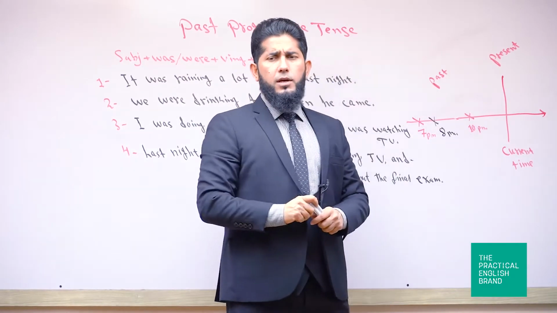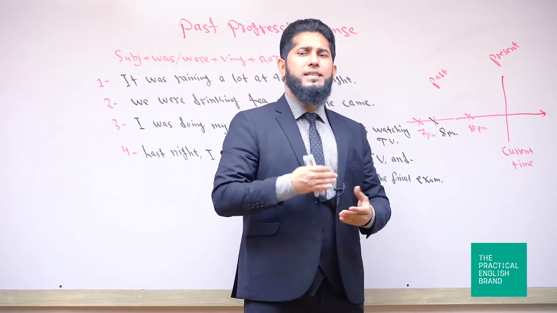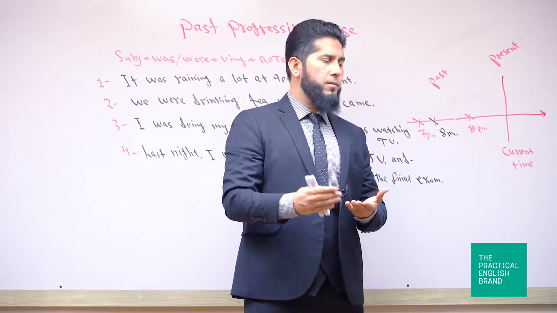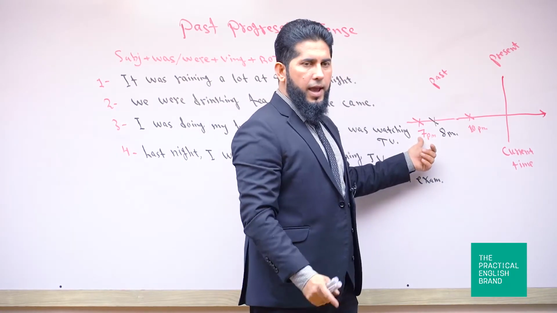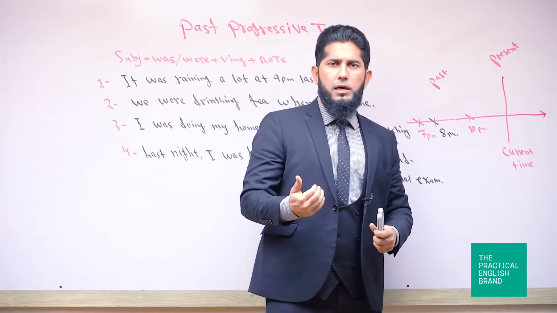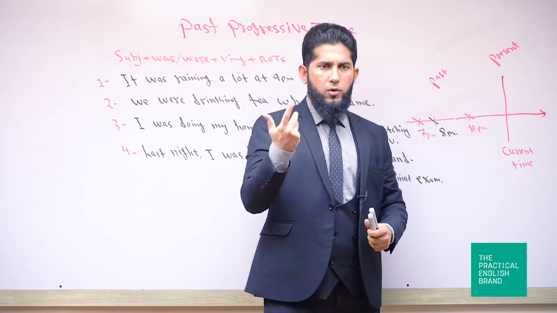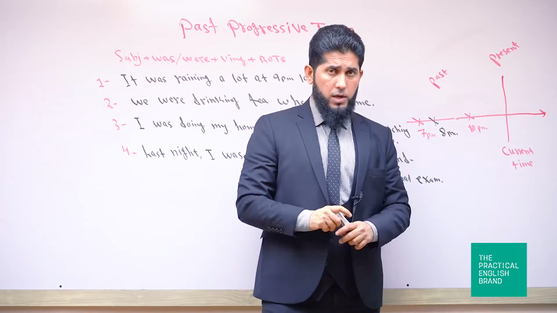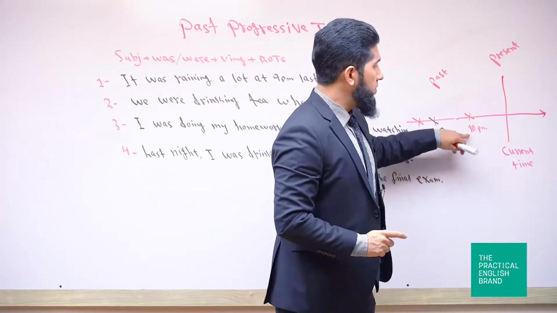For example, you started studying for your final exam at 7 p.m. and the action of studying finished at 10 p.m. Like you studied your books for 3 hours. Now, if I'm asking you now at current time, what were you doing at 9 p.m. last night?